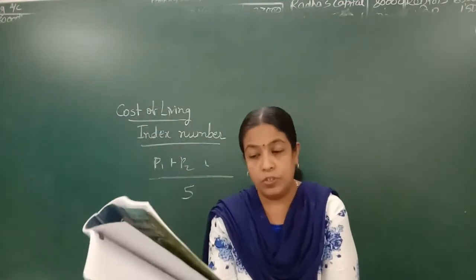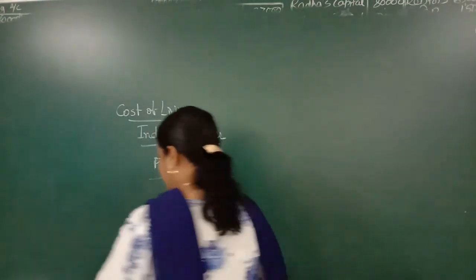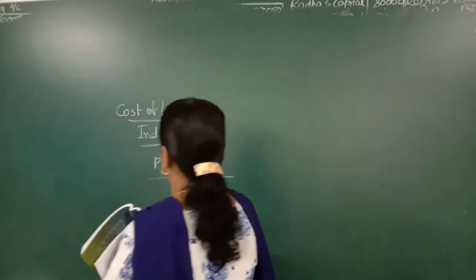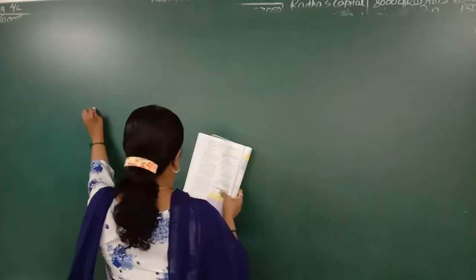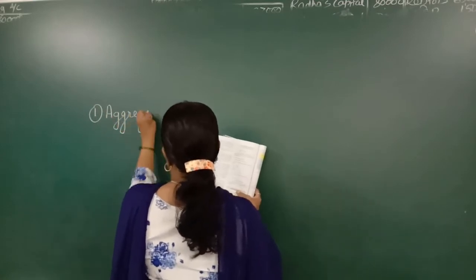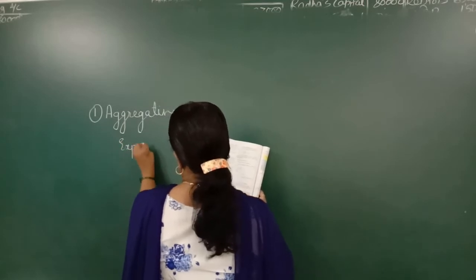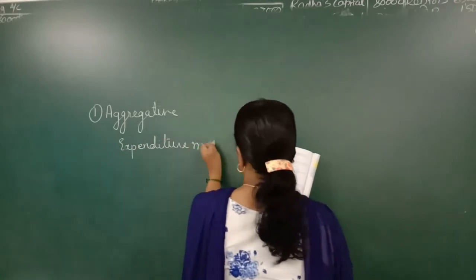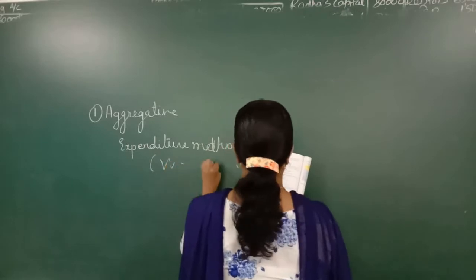Okay, there are also 2 methods of constructing cost of living index number. The first method to construct cost index number is the aggregative expenditure method, that is aggregative expenditure method or weighted aggregate method.